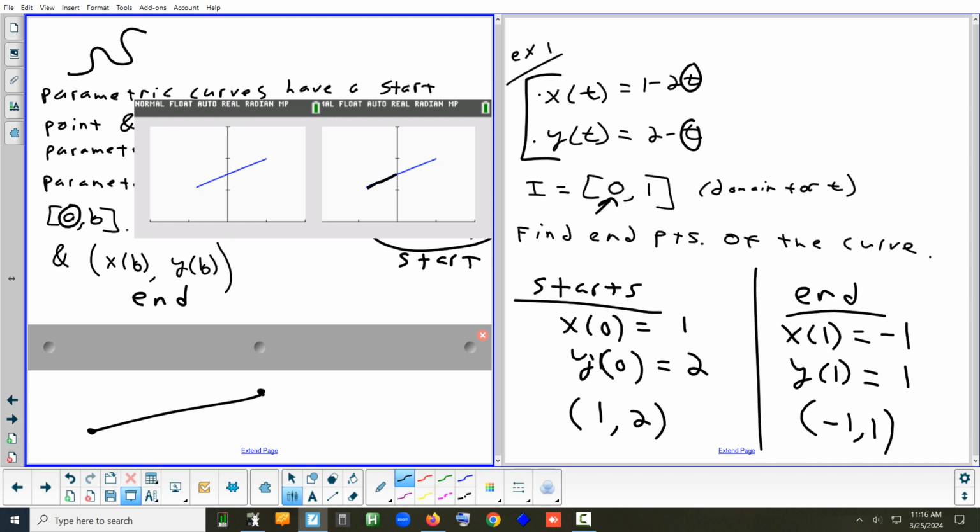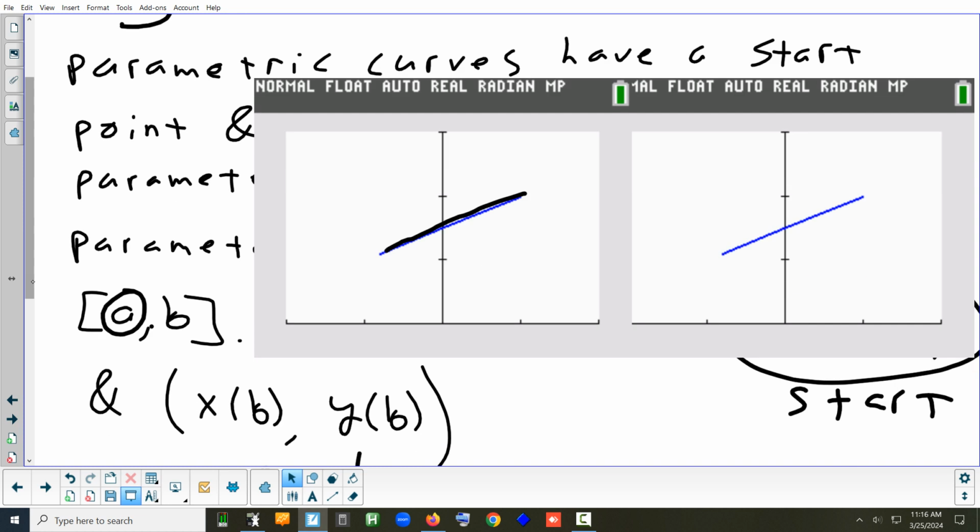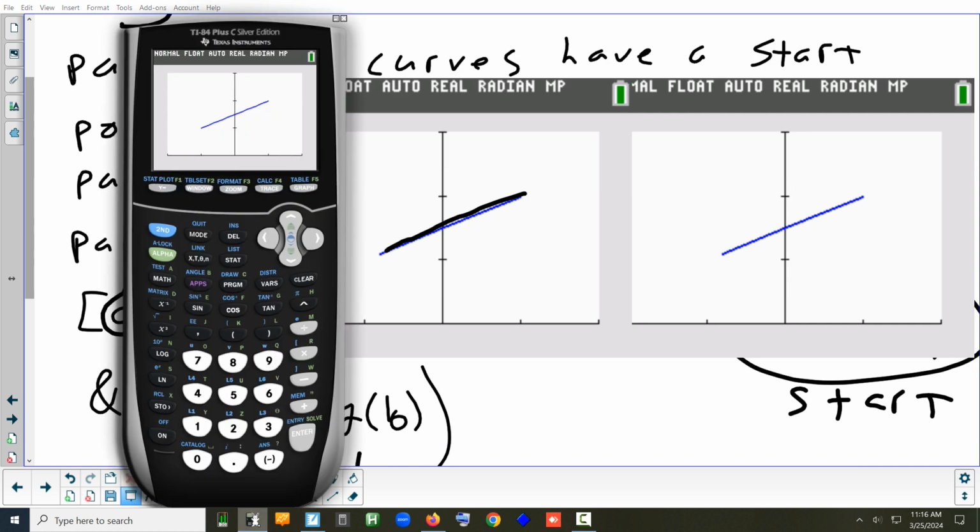Take this graph, and you'll see that is not the full graph. Well, you can just barely see it. I could exaggerate it a little more. If I do 0.6, there, now you can see it much better. I should have done that.